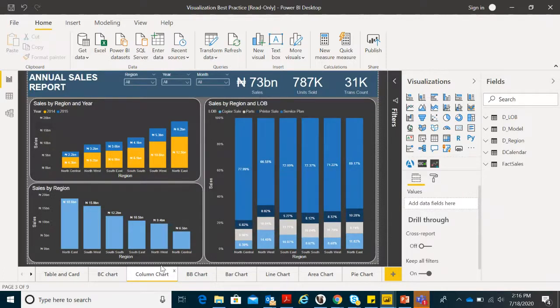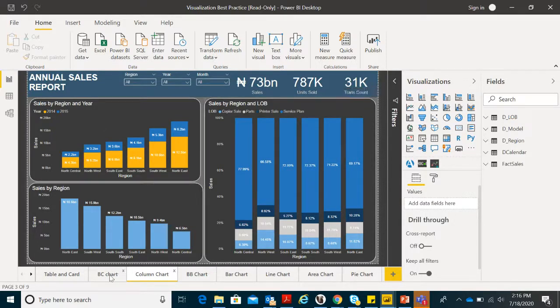An average person can see, starting from your zero axis, that the value for North Central is from 0 to 5 billion. You can also see that for Northwest, it goes from 0 to 3.2 billion. So we have different comparisons for different years. 2015 is up, and you have 2014 below. That's quite clear, an average person can see.